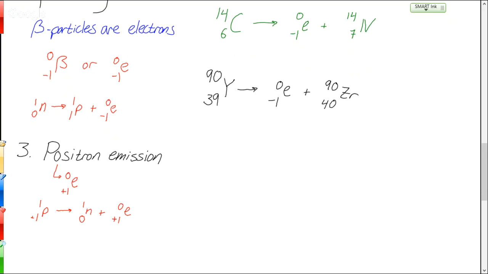So with positron emission, you're doing the same thing, but it's actually a bit more straightforward than the beta particle. Again, we just need to have those particles add up. So we've got 12 and 24, which is magnesium.